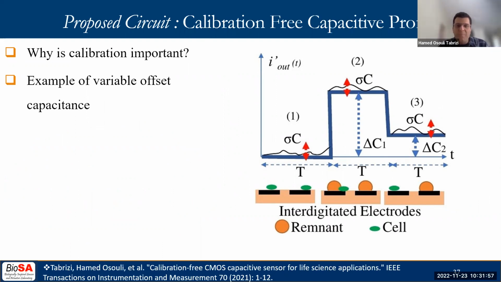In this diagram, green particles demonstrate the target cells for which we want to measure the capacitance change. After a while, other large particles shown in orange can form or sediment, which results in a large change in the offset capacitance. In general, various amounts of different particles can be sedimented during different measurement times.